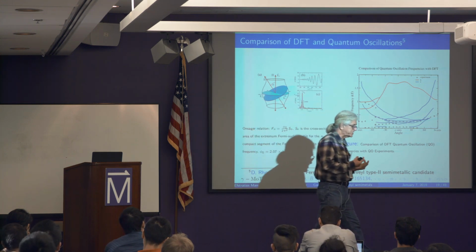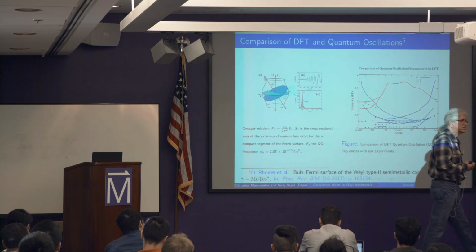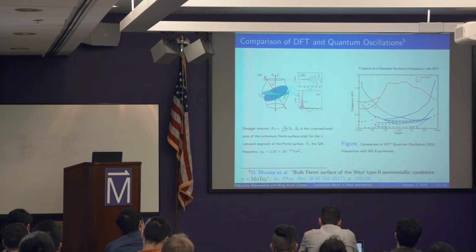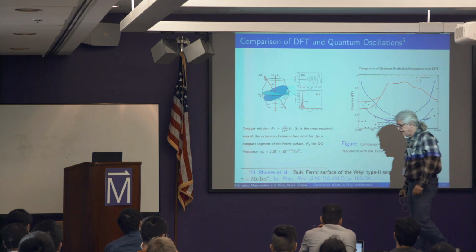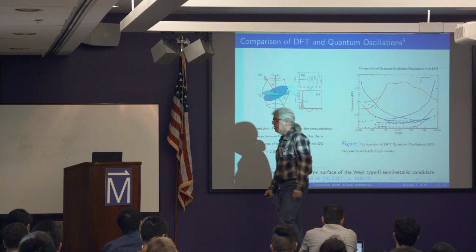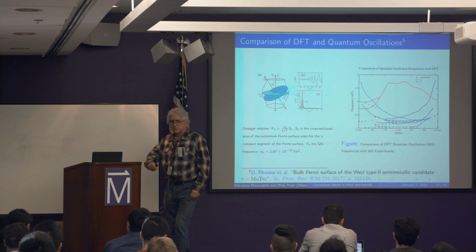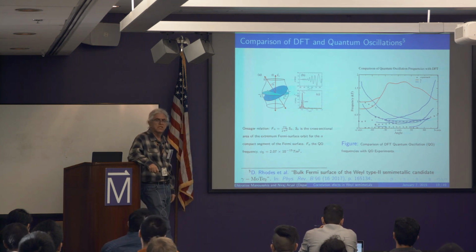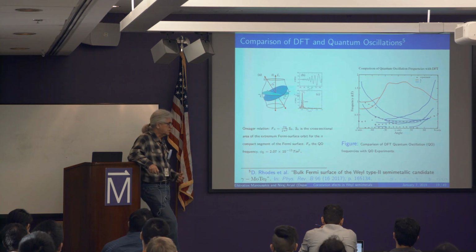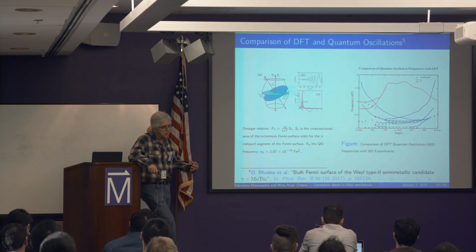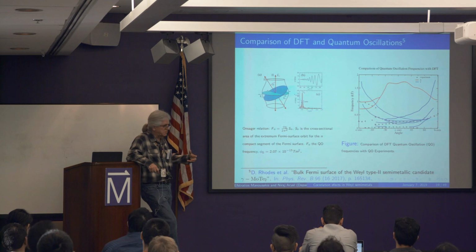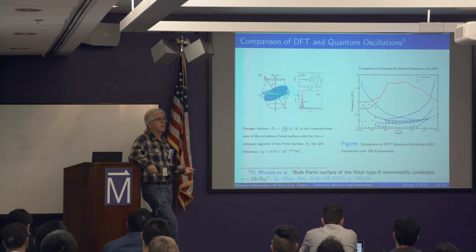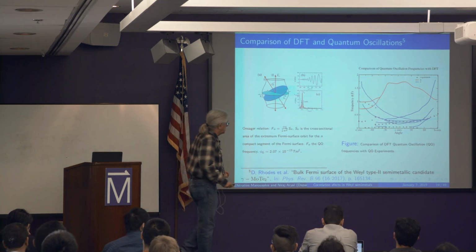So basically you have a CAT scan of the Fermi surface. We can map out the geometry of the Fermi surface by doing the angular dependence of quantum oscillations. Make sense? It's a very sensitive probe because it's giving you details of the Fermi surface. And so this is what you get.